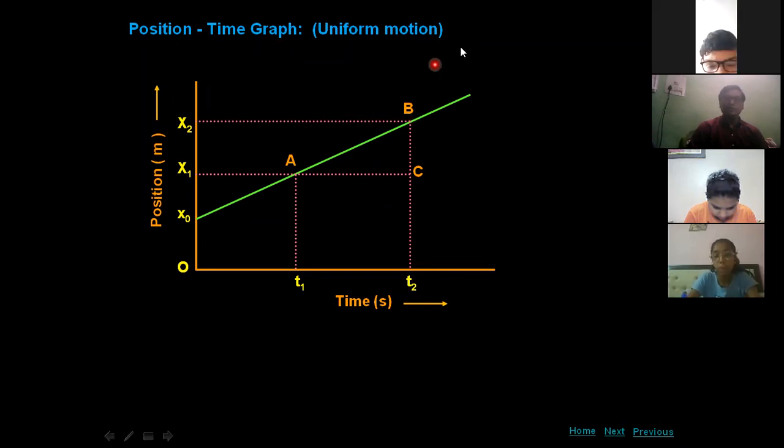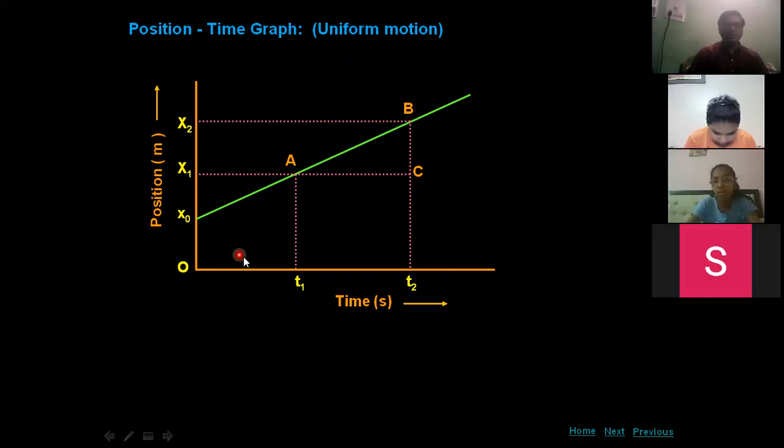So what we are noticing here is that along with the time, the position is also changing. And at the very beginning of this line, the position is plotted as x0. x0 means initial position.